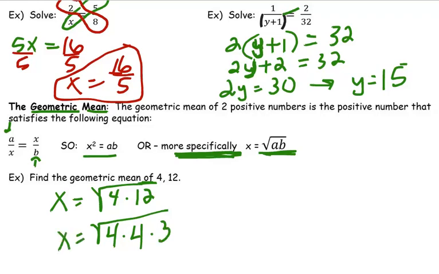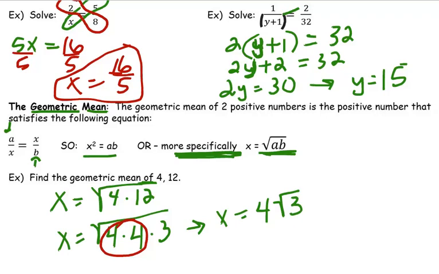Since it's a square root, I need 2 of the same number in order to take 1 out. So there's a pair of 4s, and my geometric mean is going to be 4 times the square root of 3.